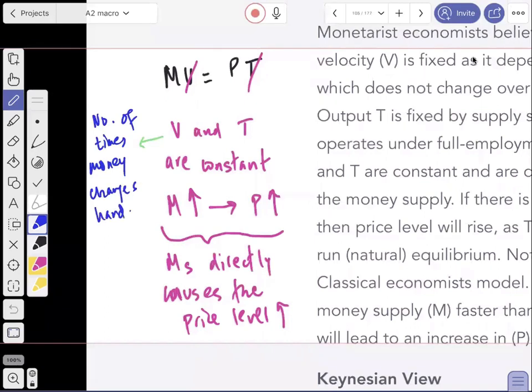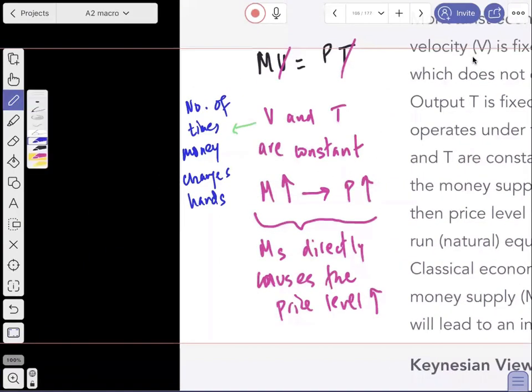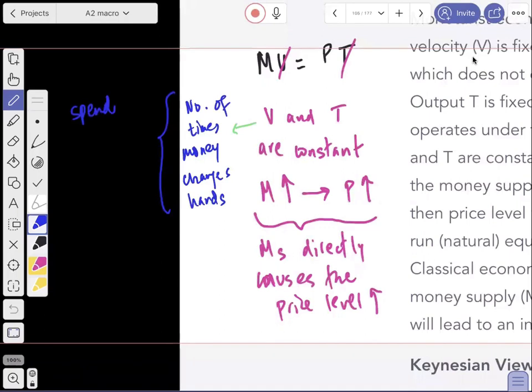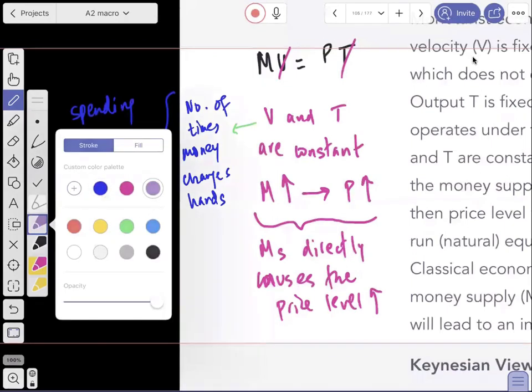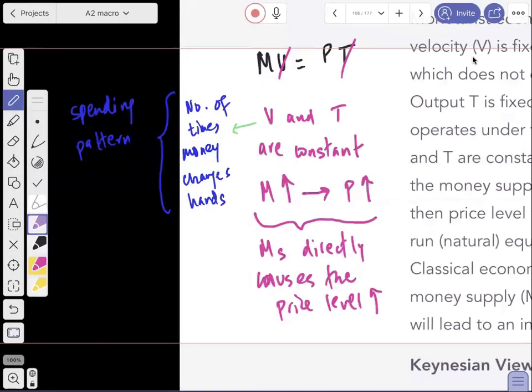And the reason why money is changing hands is simply because of, as they argued, your spending pattern. And they argue that this spending pattern stays constant.